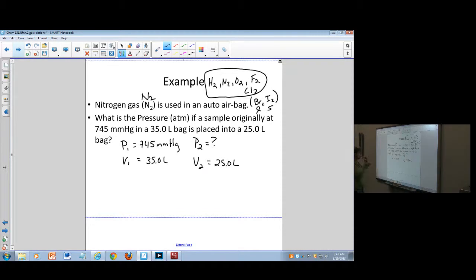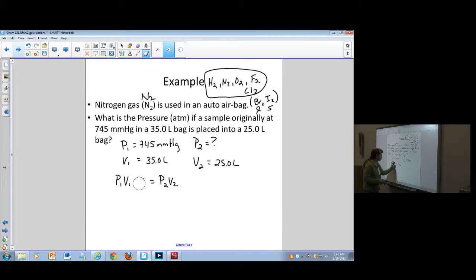You want to set this up because pressure and volume don't really mix people up too much, but later it will, and it's best to get started on the right foot. Now, P1 V1 is equal to some constant, and that's also equal to the same constant for P2 V2, because we didn't change the amount and we didn't change the temperature, so these two are going to be equal to each other.